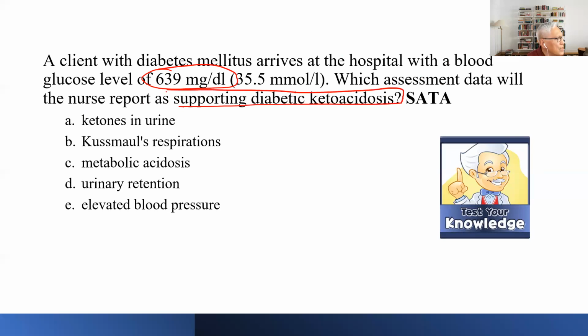So this is the good thing. You're not going to argue with the NCLEX people and say, but if it's 639, that could not be DKA, it has to be HHS. They're asking you, if this is 639, what would support a diagnosis of ketoacidosis?